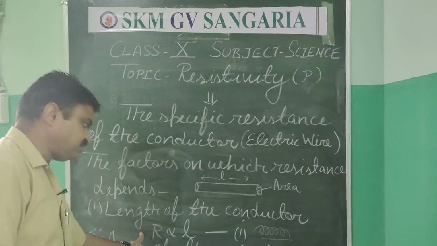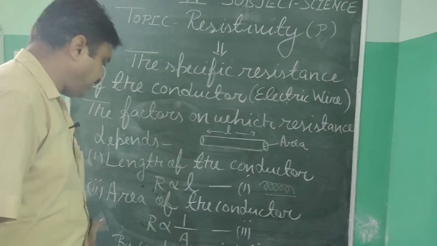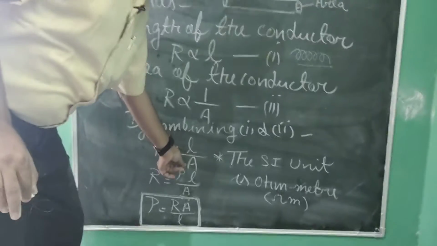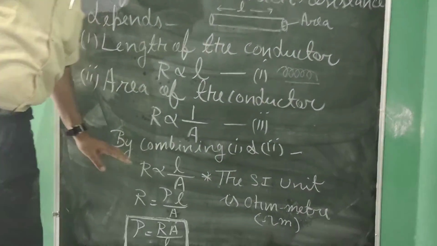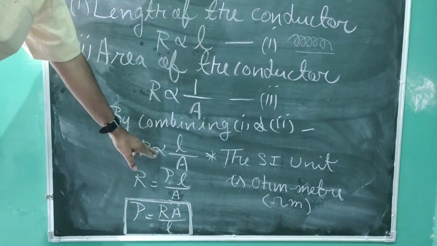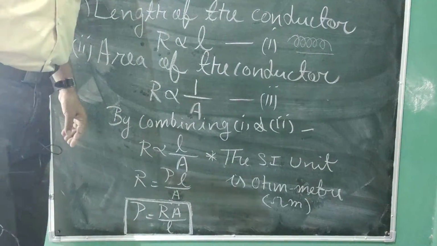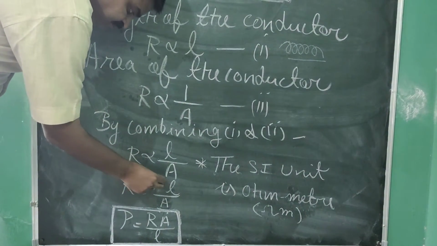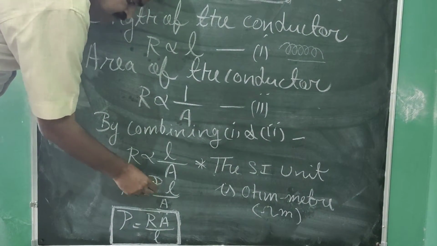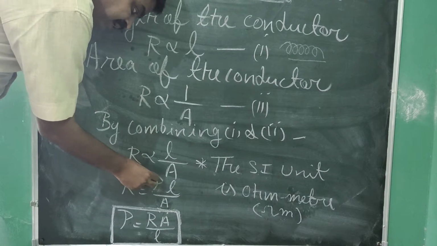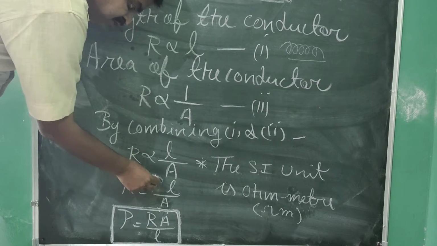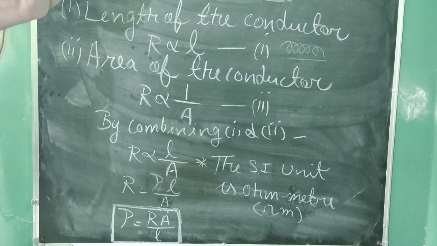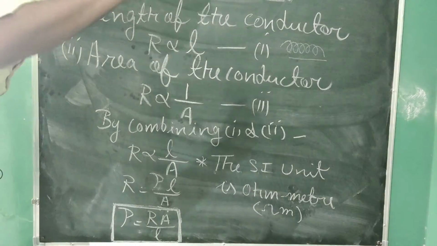By combining these two factors, what we get is resistance is proportional to length upon area. If we remove this proportionality mark, then we take a proportionality constant. So here this is the proportionality constant. Now it plays a very important role, because this proportionality constant is known as resistivity, and it is represented by a symbol.